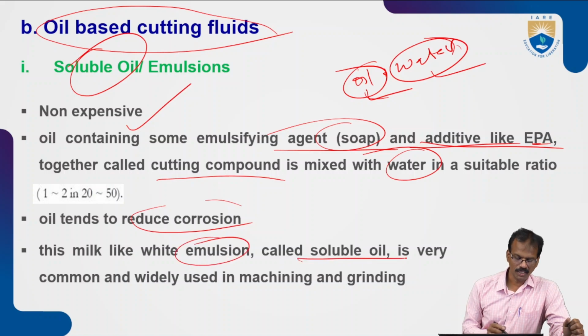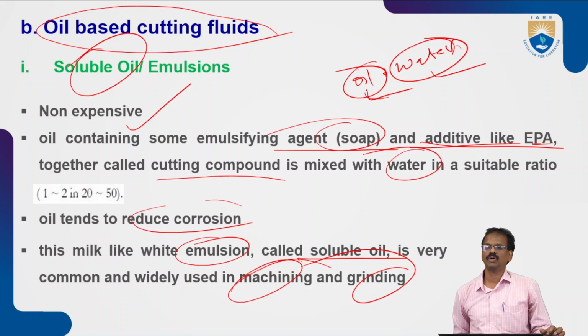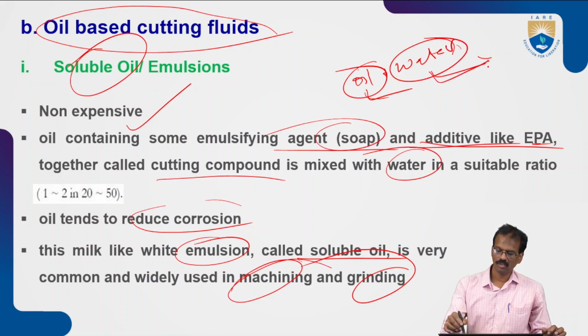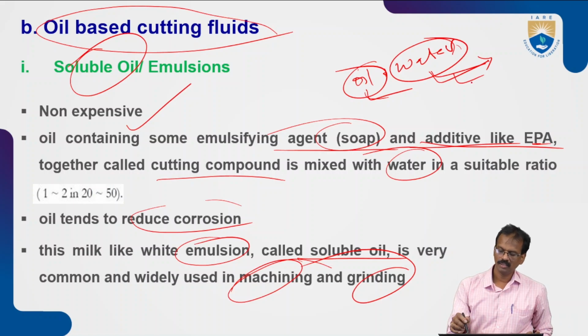It is very common and widely used in machining and grinding processes, because the drawback of water, that it has a tendency to cause rust and corrosion, is reduced by mixing in the oil.